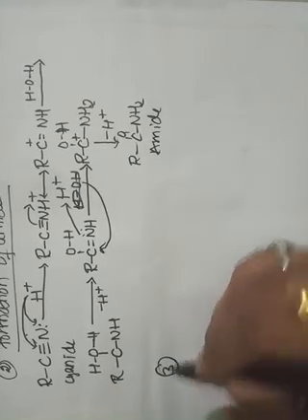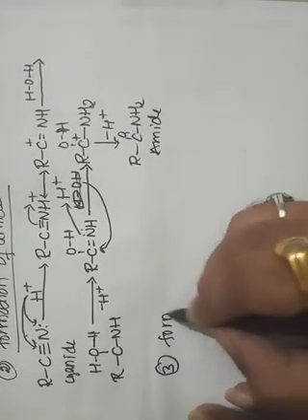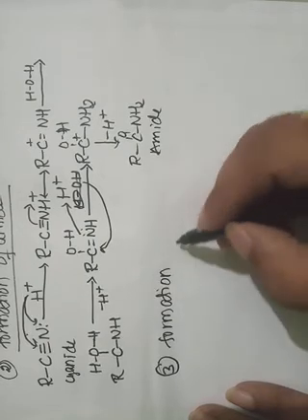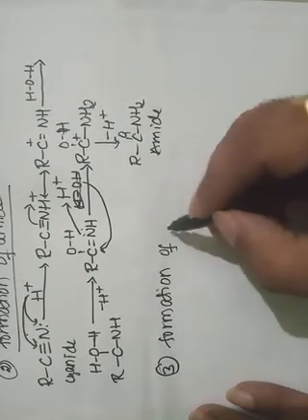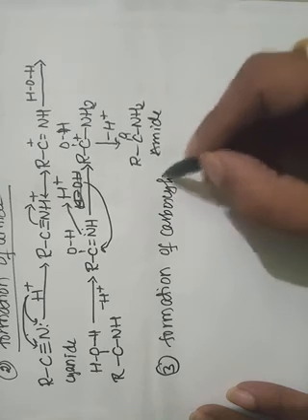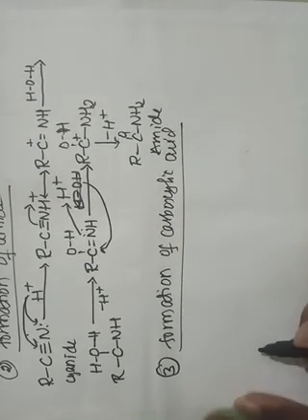The third step is formation of carboxylic acid. After the formation of the amide, that amide will undergo further acid hydrolysis to form the carboxylic acid. This is the last step.